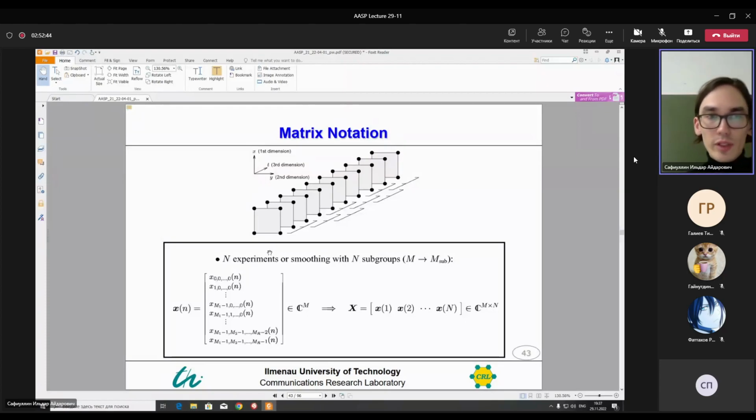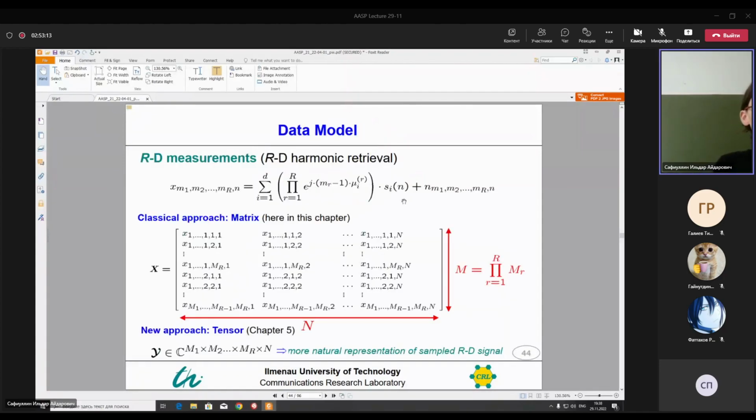So it is easier to write, for example, value 1, 1, 1, then 2, 1, 1, then 1, 2, 1, and 2, 2, 1, and then switch over this third dimension.